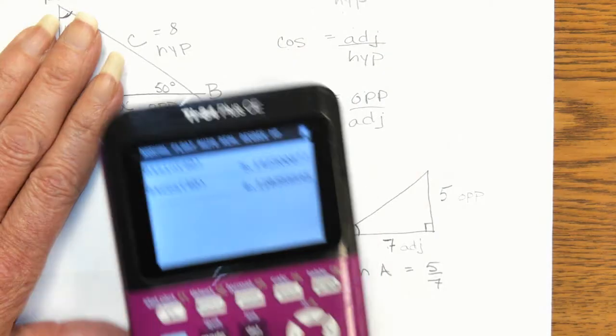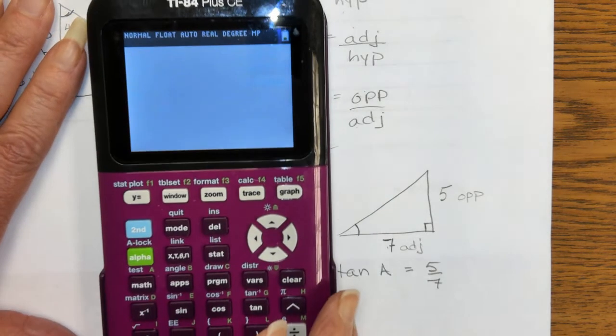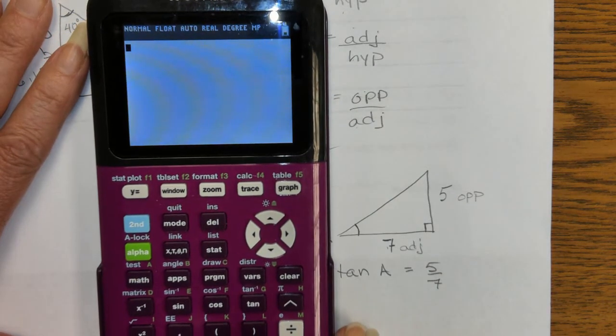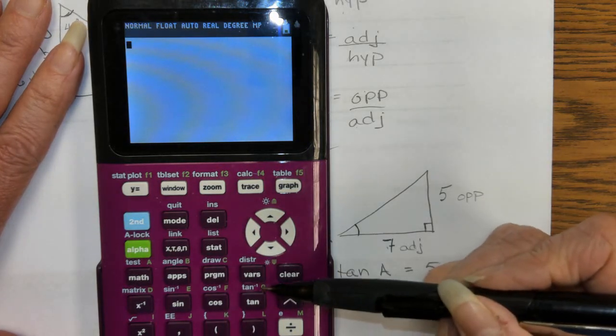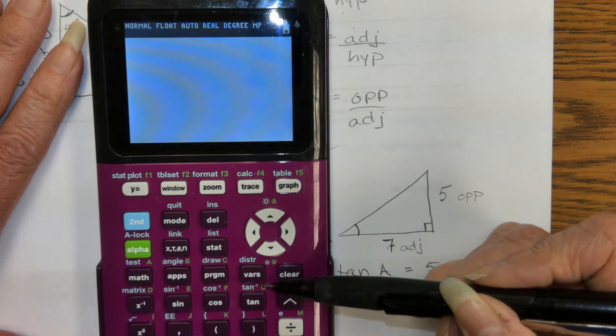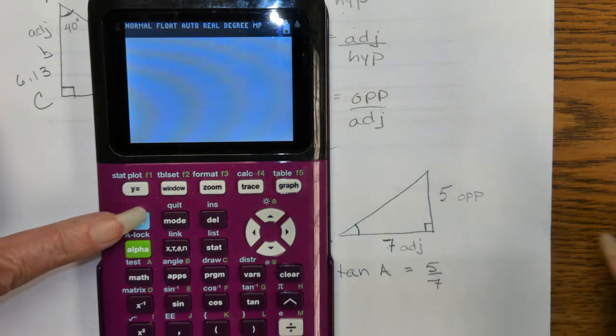Now when I'm finding the measures of angles, I have to use the inverse tangent. So inverse tangent is located right here on your calculator. And notice how in my calculator it's colored blue. So that means I have to use the second key in order to access that.